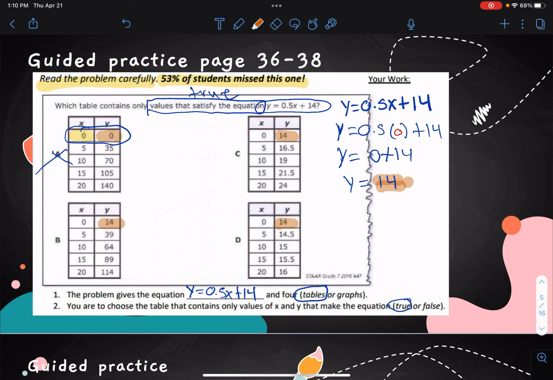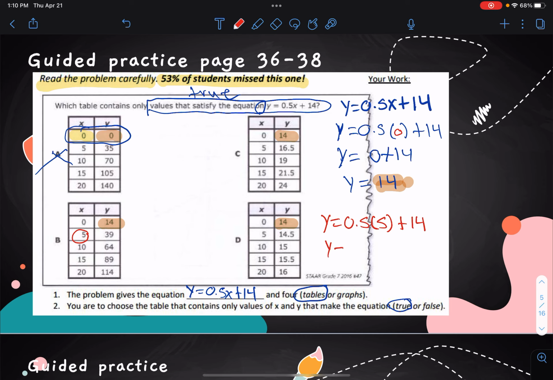Okay, so now I am going to check 5. I'm going to take 5 and plug it into my equation. So y equals 0.5x, and instead of x, I'm going to put my value for x, which is 5, and then plus 14, because that's what my equation says.